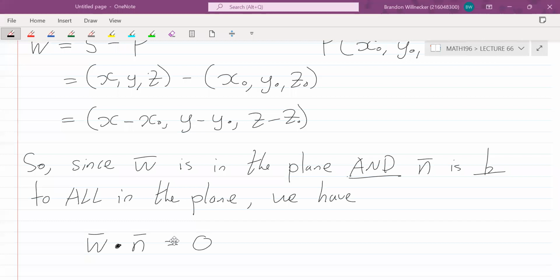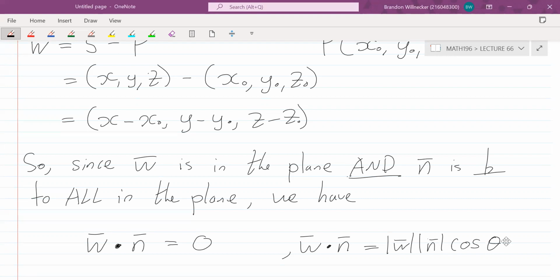Okay, so if you want to know why it's equal to 0, let's look at the cosine form of this. Remember that w dot n, we can either write this using the components, like a dot b is a1 b1 plus a2 b2 and so on, or we could write this as the length of w times the length of n cos the angle between them.